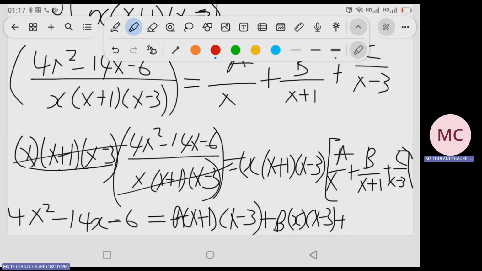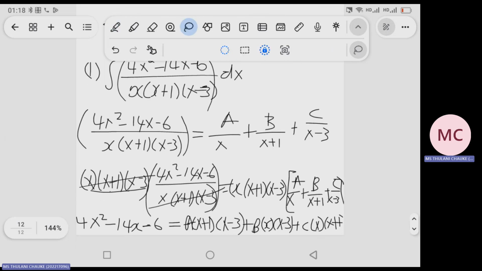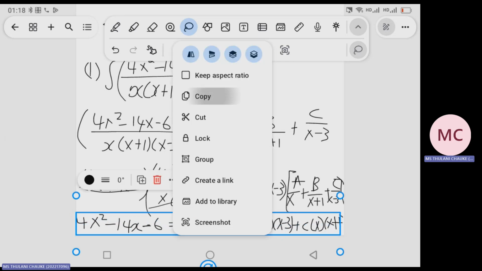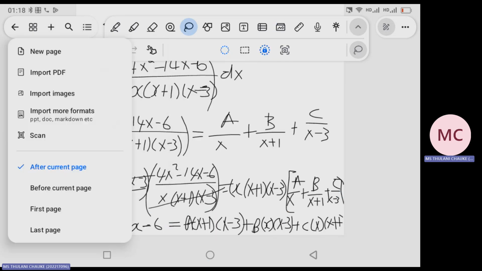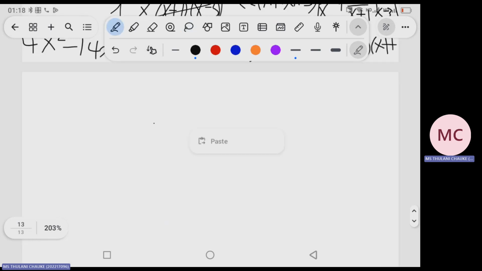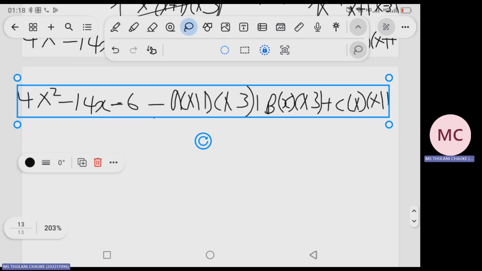Then you'll have plus c into x plus 1. Yeah, you'll be left with something like that. Let's move to the next page. So now you'll be having this.